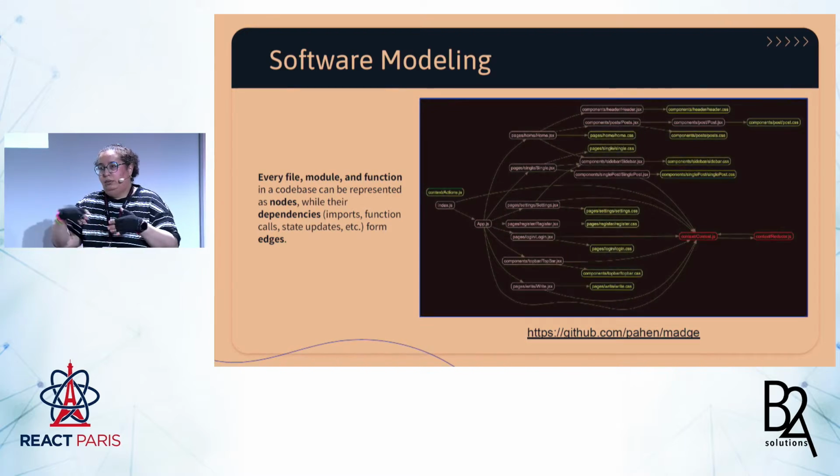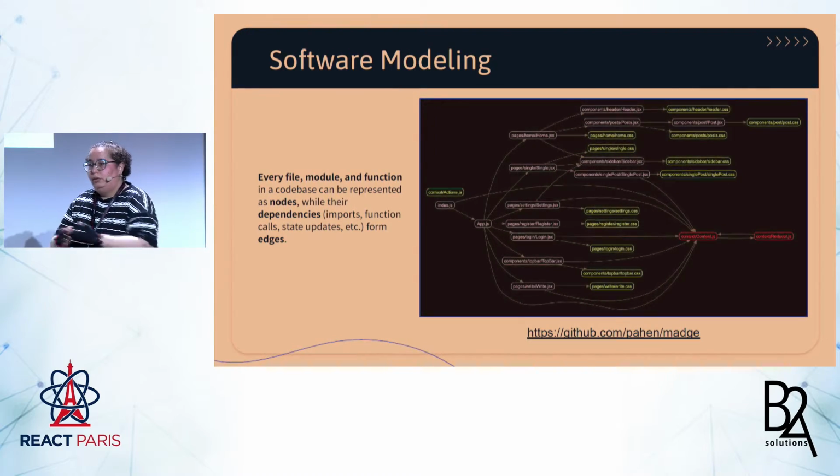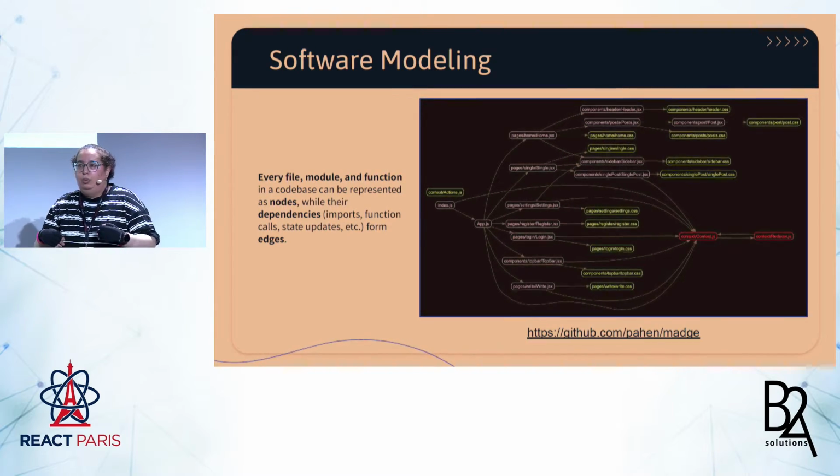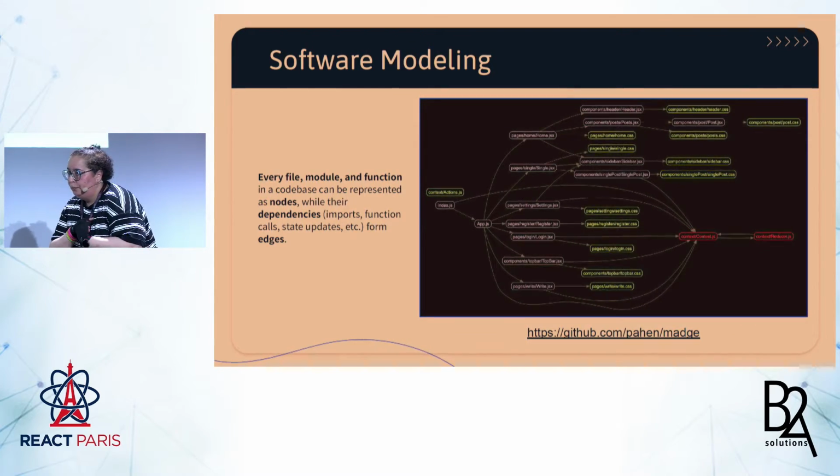If file A imports file B, then we will have a node, file A, and a node, file B, and an edge from A to B. This is very important since this will give us an abstract modularization of how all files inside my project interact together.